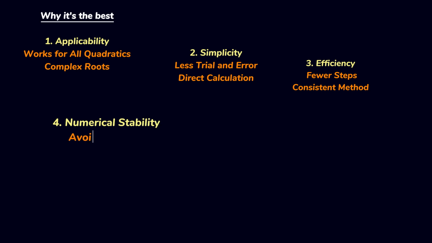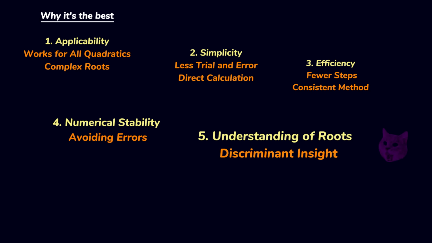Fourth, numerical stability: it avoids errors. The quadratic formula can reduce the chance of making arithmetic errors that might occur during the factorization process. Fifth, understanding of roots. Don't be scared over here, we can explain it very well.